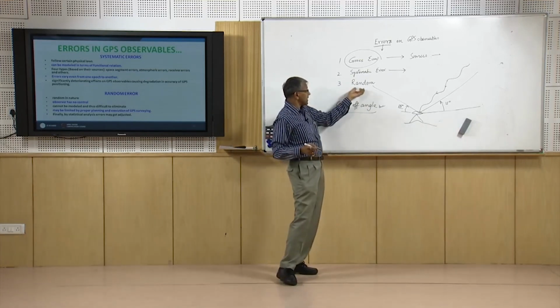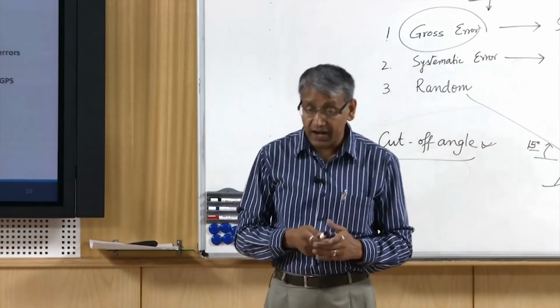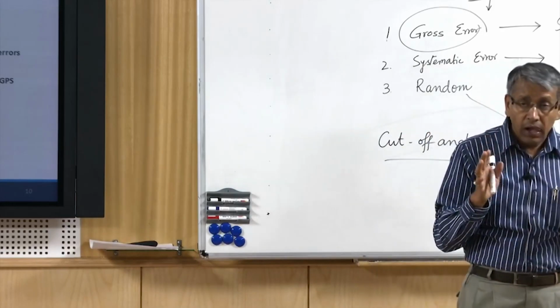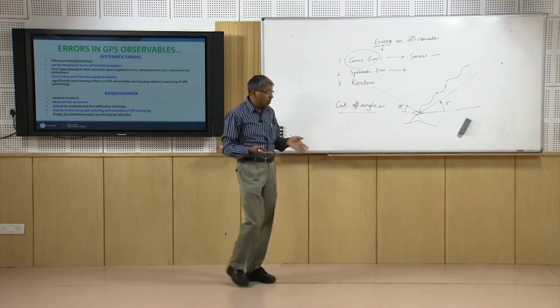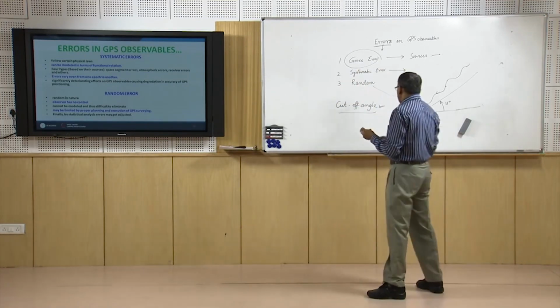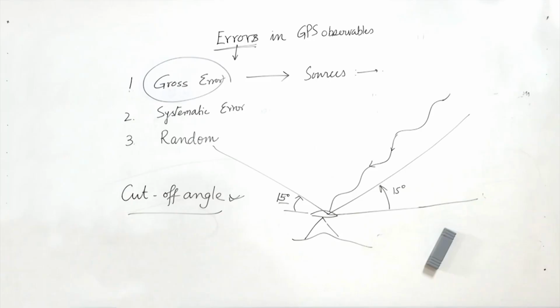And last but not least, also important, is the random error, which does not follow any definite rule, so it cannot be modeled and we do not have any control over it. It can only be limited by taking proper care during planning and execution of the surveying.